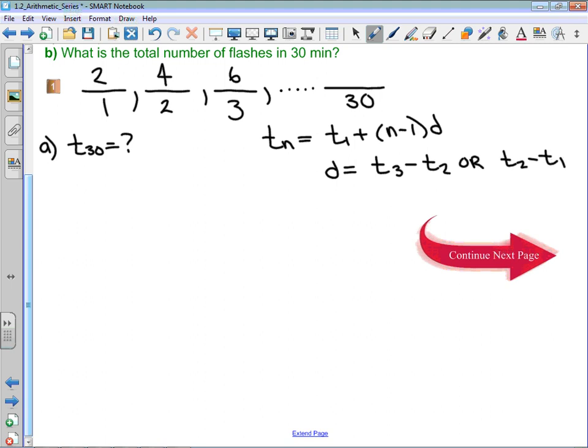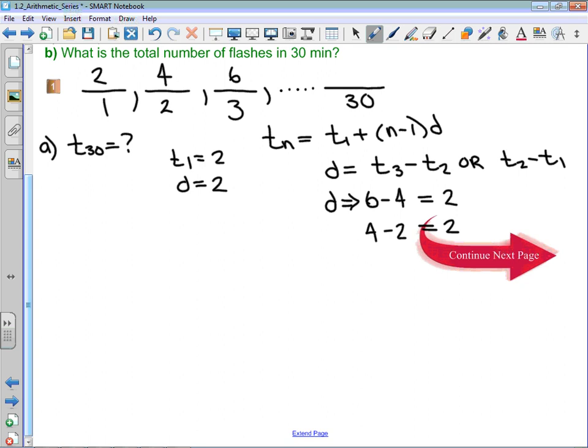I could use term 4 minus term 3, that would work as well. I just have term 1, term 2, and term 3. So the common difference for this question, I could use 6 minus 4. I get 2. I could also use 4 minus 2, and I get 2 as well. So what we now know then is that term 1 is 2, and the common difference is 2, just a coincidence that they're the same thing.